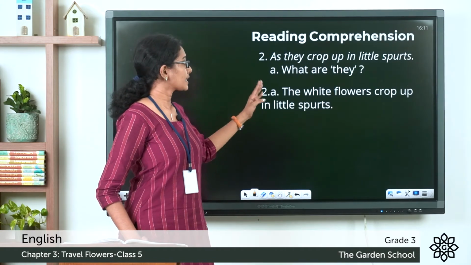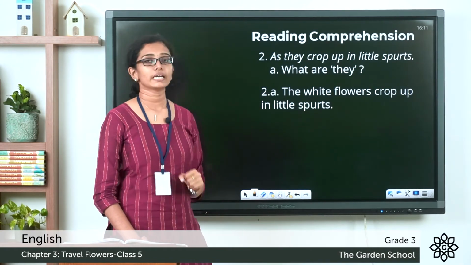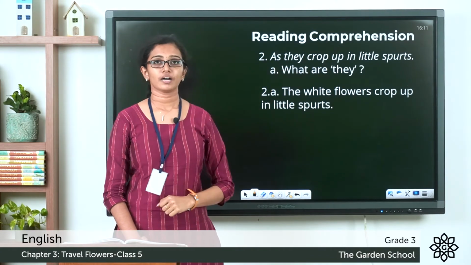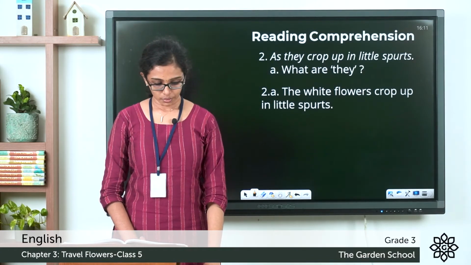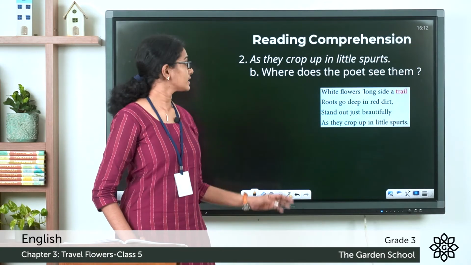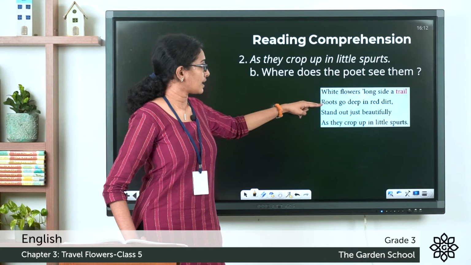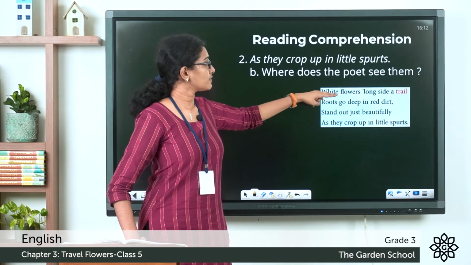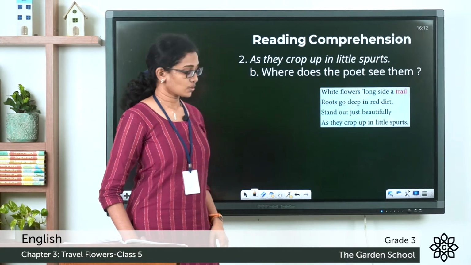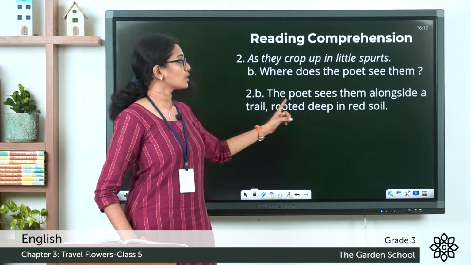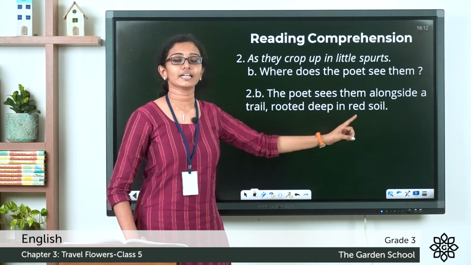You can write the white flowers crop up in little spurts, and that they mentioned here is about the white flowers. Now what is question B? Where does the poet see them? The poet sees them where the roots go deep in red dirt and where the white flowers are alongside a trail. So the poet sees them alongside a trail rooted deep in red soil.